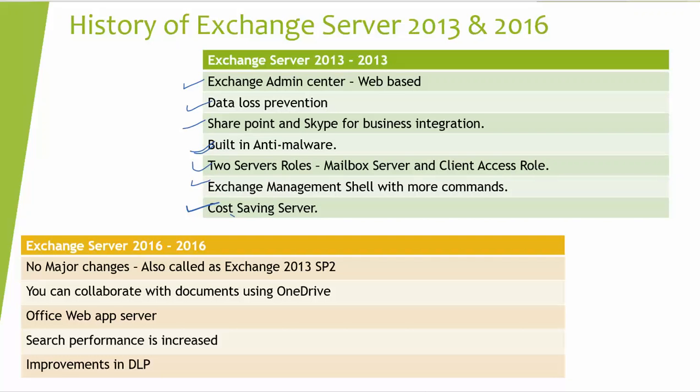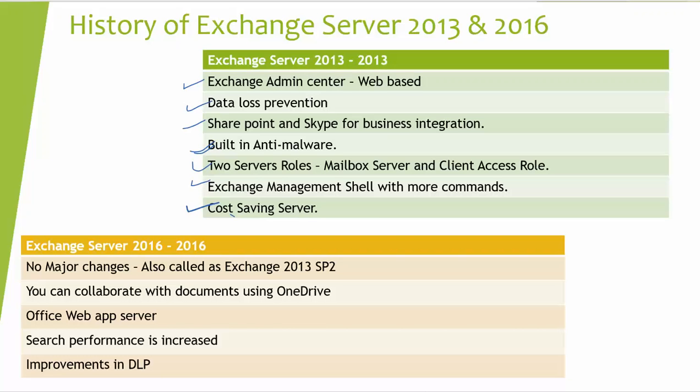So this was Exchange Server 2013, and with Exchange Server 2016, there were no major changes. They made no special change in Exchange Server 2016. That's why most people just call it Exchange 2013 Service Pack 2. That's all that they say.